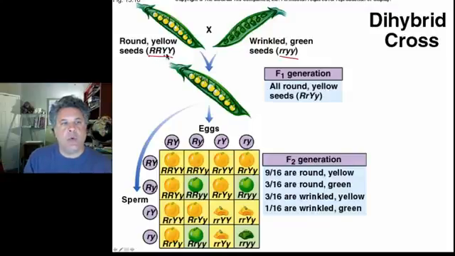So here, when these round yellow parents produced sex cells, they produced sex cells that carried a big R and a big Y. And likewise, these wrinkled green plants produced sex cells that had a small r and a small y. So in that sense, we can say small r and small y and large R and large Y were the parental generation's arrangement of these alleles.